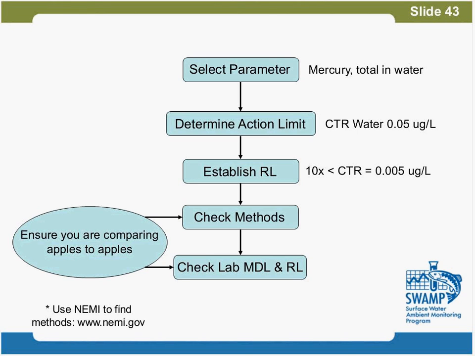So we're going to NEMI and type in mercury, total mercury in water, and there are about 10 methods for that. So what's our next step going to be in this process? We've established a tentative reporting limit, and we found 10 methods that we can use for total mercury in waters.